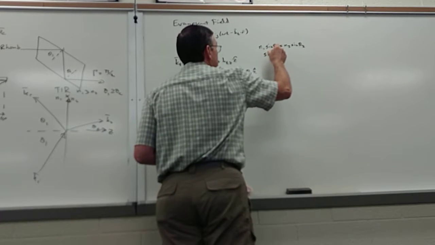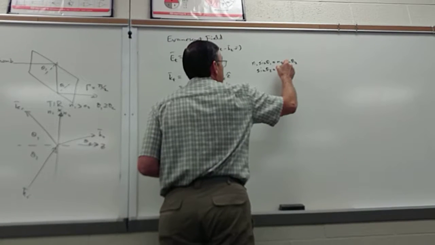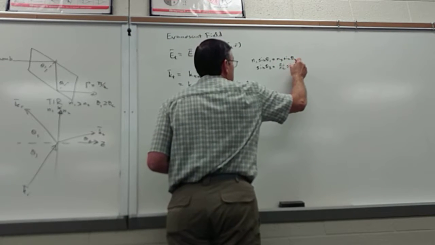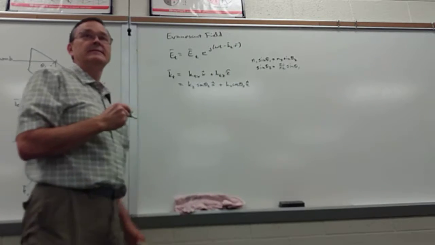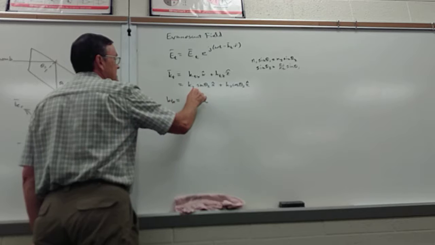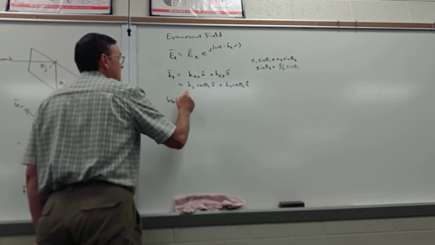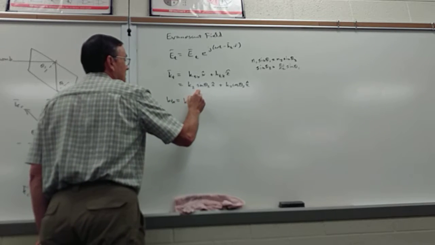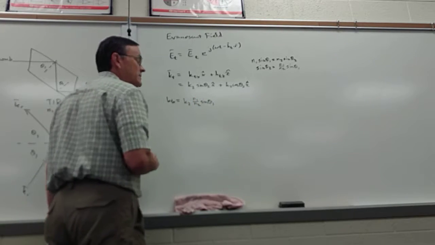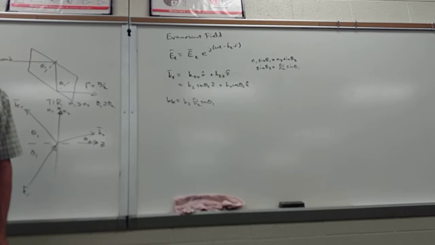So let's just take sine of theta 2 and write it as n1 over n2 sine theta 1. So that means this ktx here, I can rewrite as k2 n1 over n2 sine theta 1. And now I never have any problem, because theta 1 is always defined.